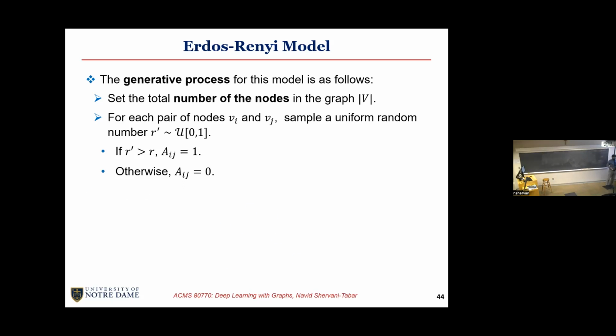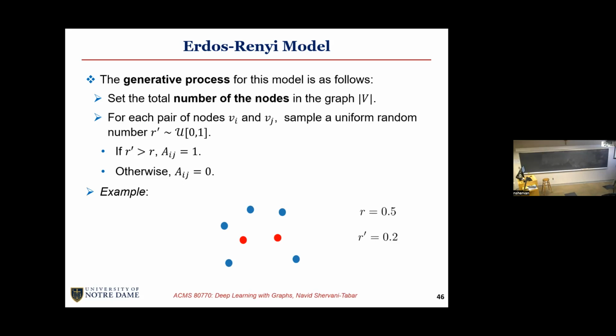For instance, here we have 7 nodes. You're given the probability of 0.5 for having edges in this graph, and then you're going to select, for instance, these two nodes, and we're going to sample a random number. Let's say that the random number that we got is 0.2.